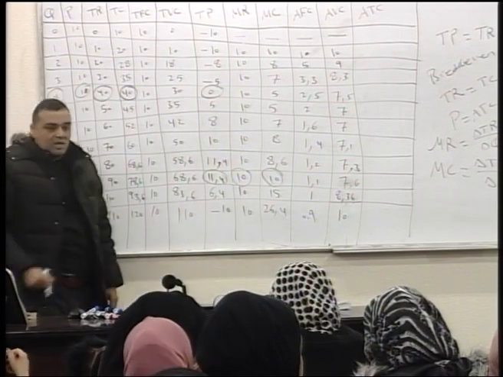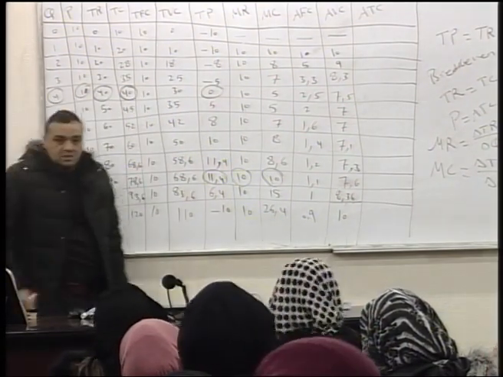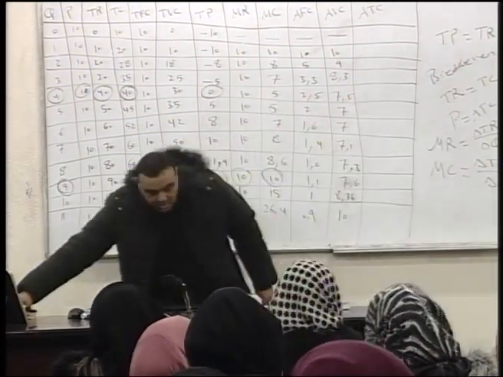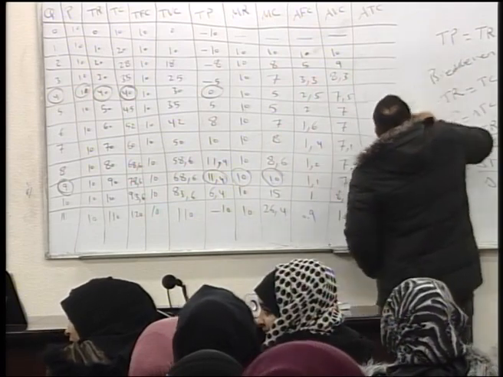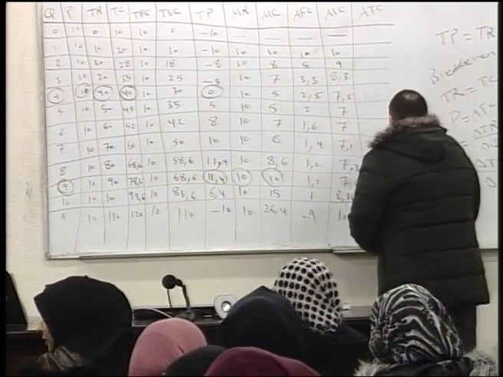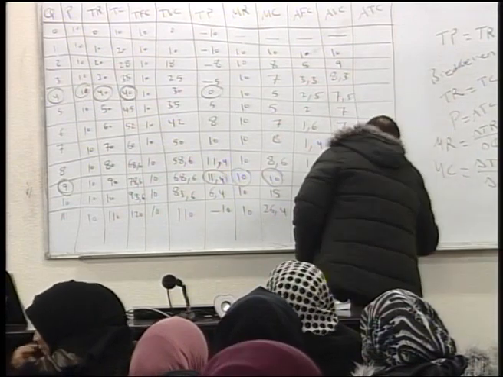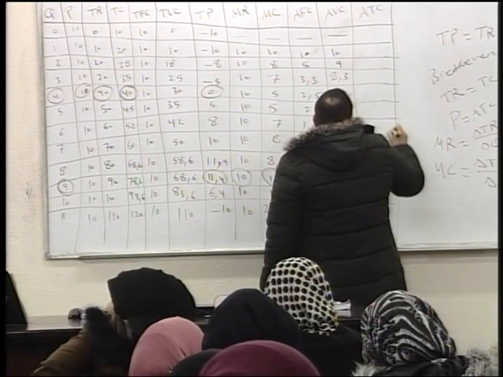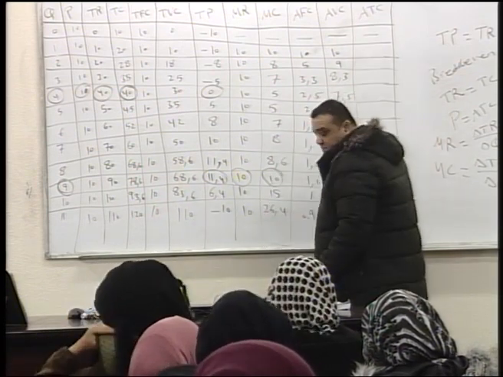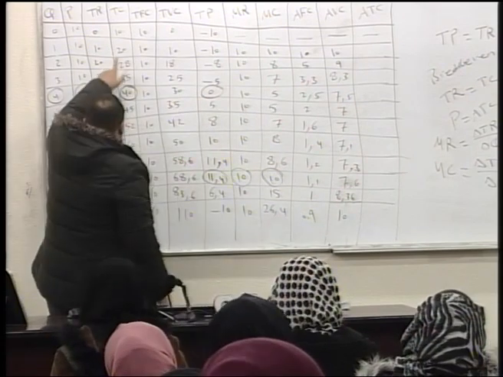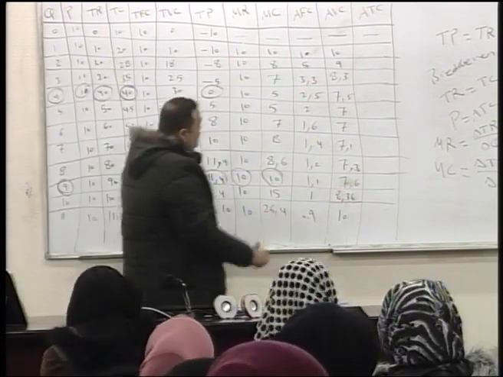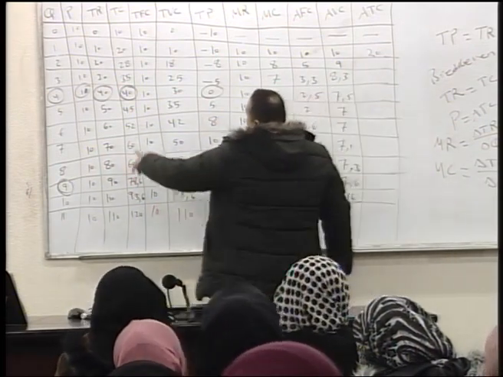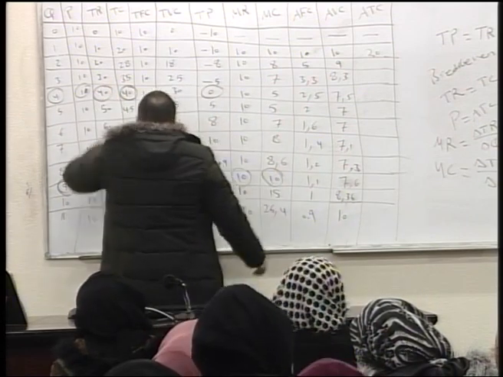What about the average total cost? ATC, TC over Q. TC 20 over 1, 20. Yes, and then 14.